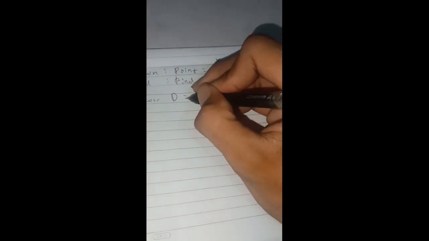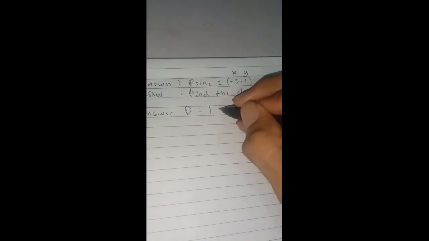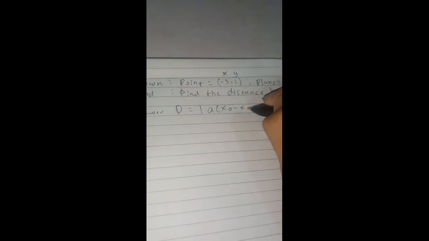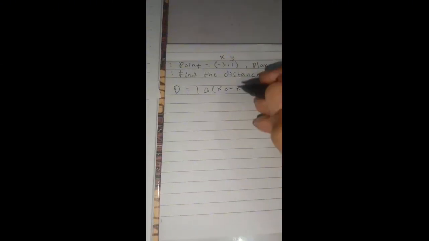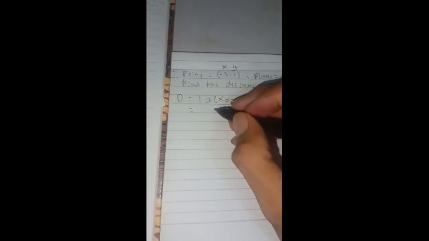The question is to find the distance between the point and the plane. For this I will use the formula that d, or distance, is equal to a(x0 minus x1) plus b(y0 minus y1) plus d. After that, we substitute the numbers into the formula.